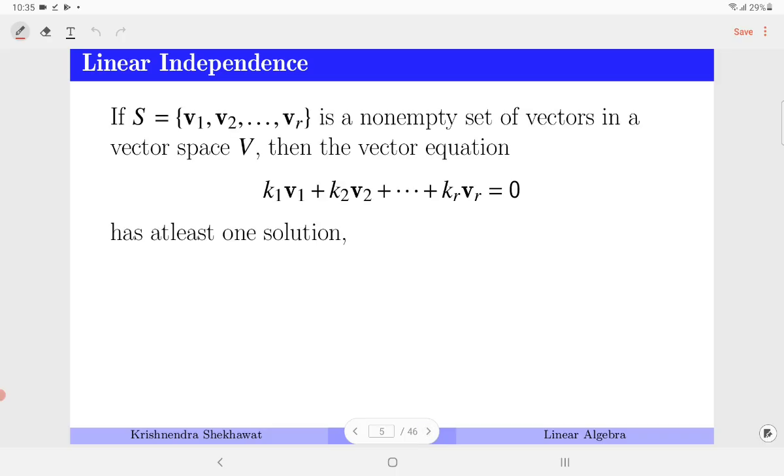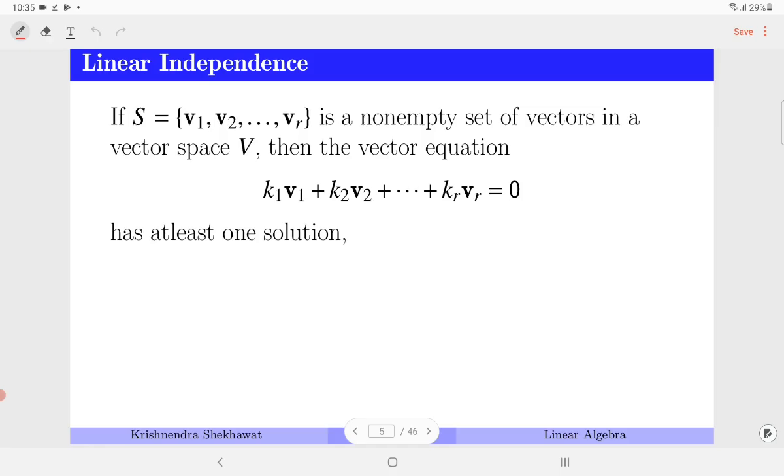So consider any set of the vectors v1, v2, ..., vr. It can be a set of matrices, set of functions, set of Rn, and based on that the vectors look like. If it is a set of matrices, let's say of order 2, then v1 is also a matrix of order 2, v2 is also a matrix of order 2, and so on. So if a set S is a non-empty set of vectors in a vector space V, then the vector equation, so this is an equation.